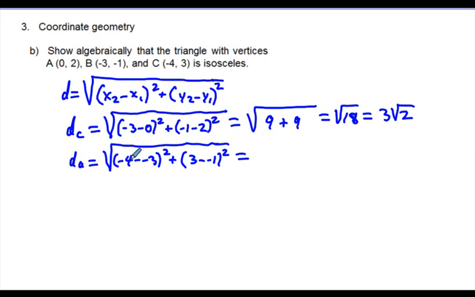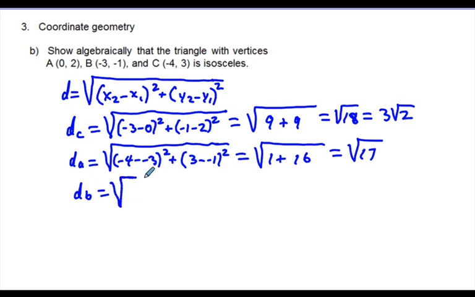And for that, we're going to have -4 minus -3, that's going to be -1 squared, or 1, plus 3 minus -1 is 4, and 4 squared is 16. So we're going to get the square root of 17. So that's going to be the distance between points B and C.